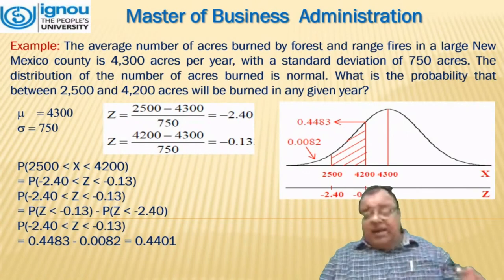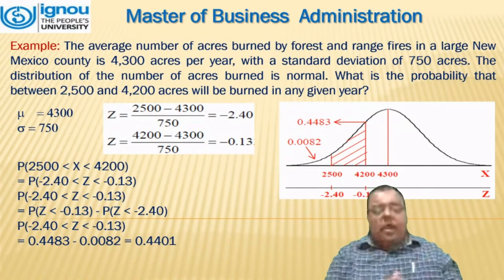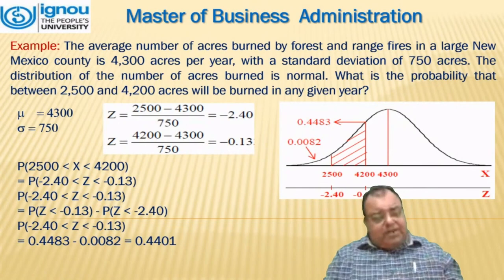We will be converting these x in terms of z. Z is equal to x minus mu upon sigma. In first case, when x is equal to 2,500, your z will be negative 2.40. And when x is 4,200, your z will be negative 0.13.